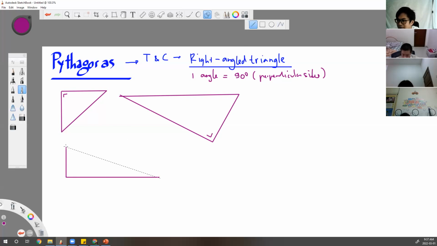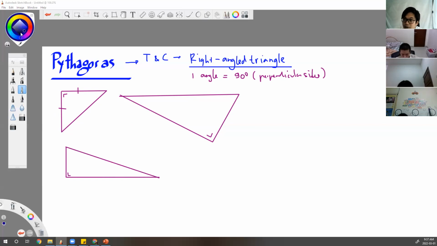The sides can be scalene, or isosceles, but you need to make sure that one angle is 90 degrees, because we are talking about the angle, not the sides. Sides can be the same or different. It cannot be equilateral. Why? Because if it is equilateral, all of the angles have to be 60 degrees.